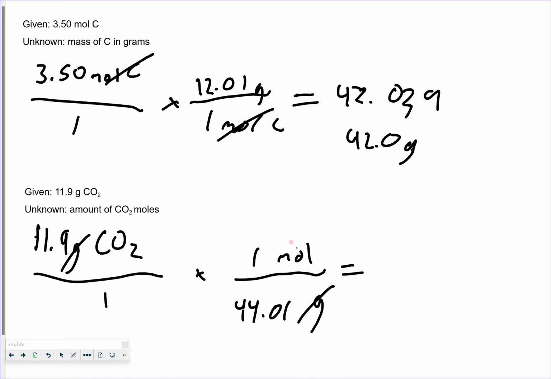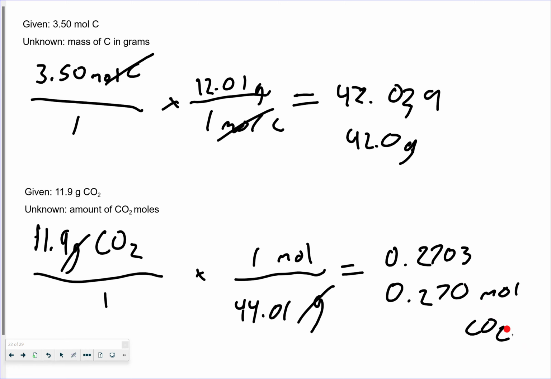Again, we do the math, and I'm getting an answer of 0.2703. We have 3 sig figs in our answer, so our final answer is 0.270 moles of carbon dioxide.